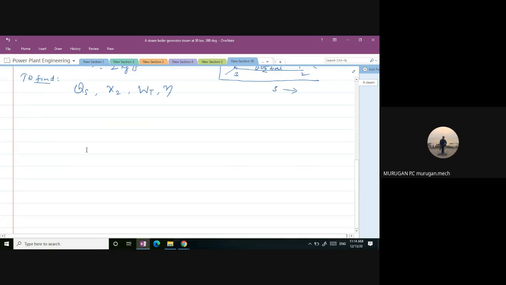Now, regarding this problem, we have to take the data from the steam table. So the steam table should be accompanied with the Rankine cycle. First we are taking the properties of steam from the steam table.